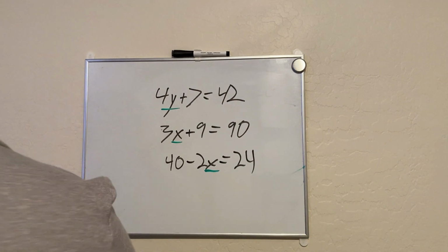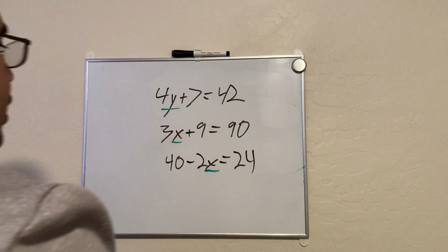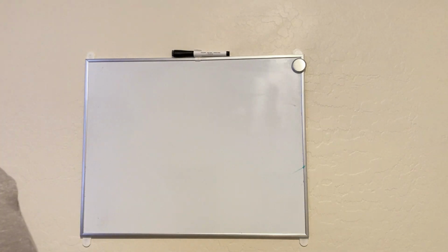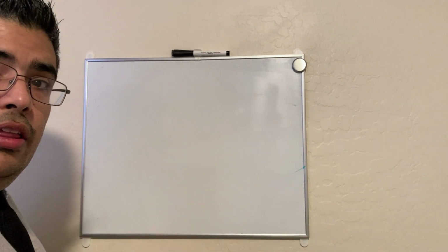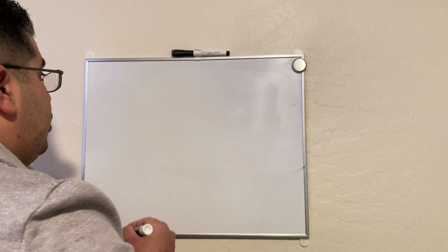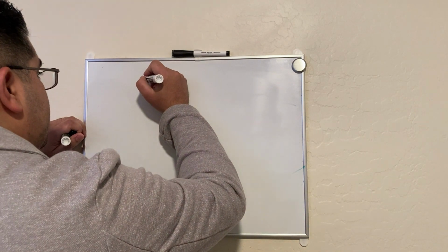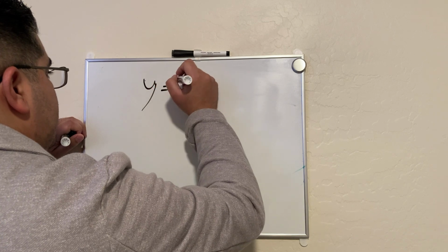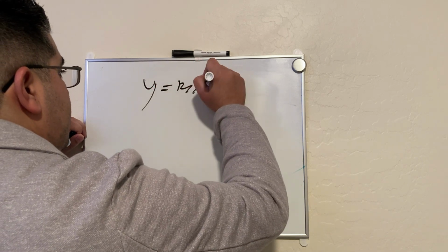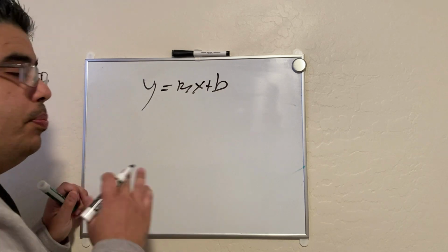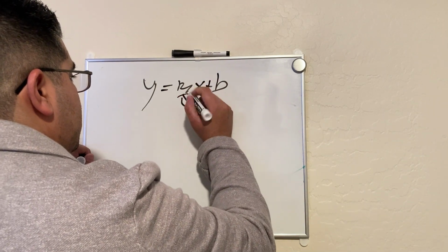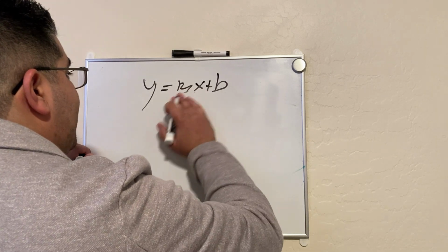So next time we will be graphing these equations. Next time we're going to be graphing equations in 3 different forms. We're going to be graphing y equals mx plus b. That is the slope-intercept form, where this is the slope. Wait, I meant that for an arrow.